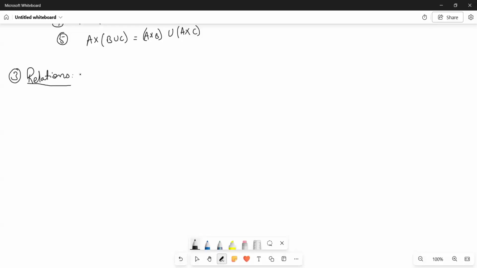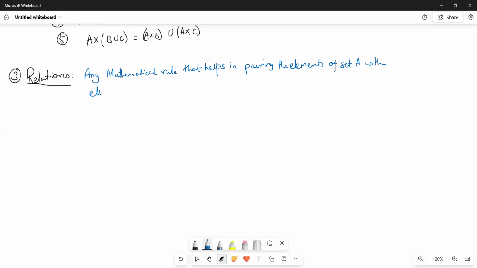A relation is any mathematical rule that helps in pairing the elements of set A with the elements of set B is known as a relation.